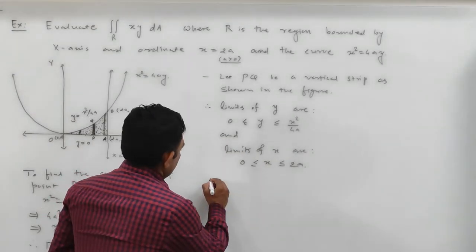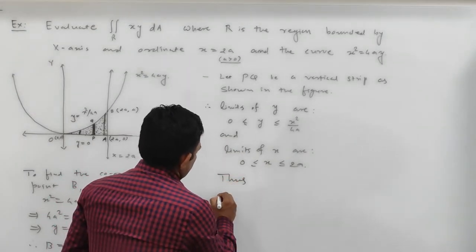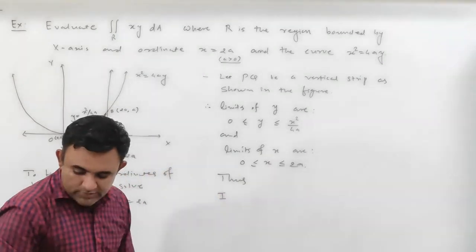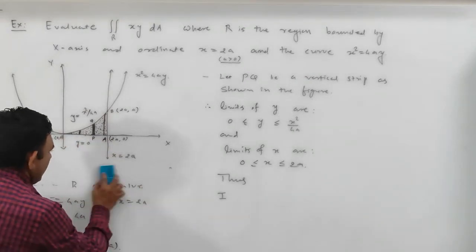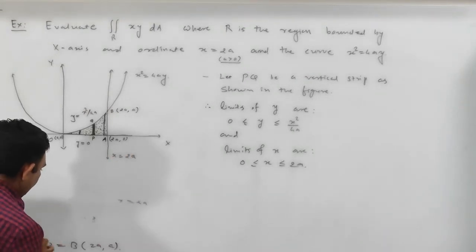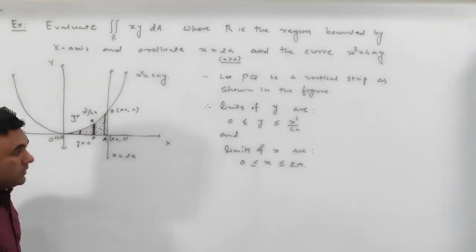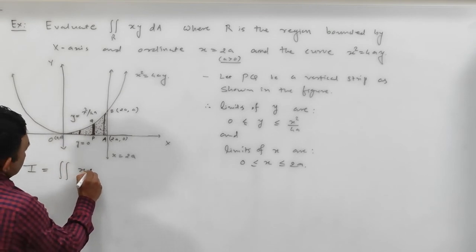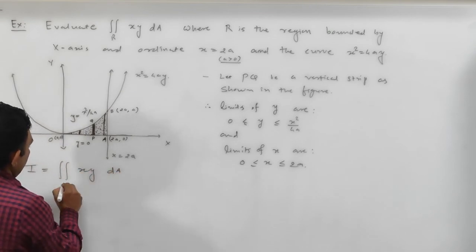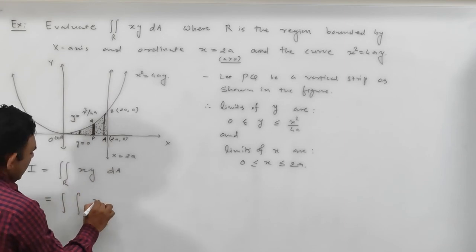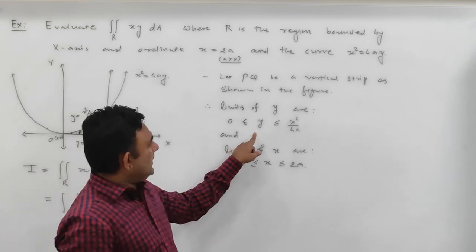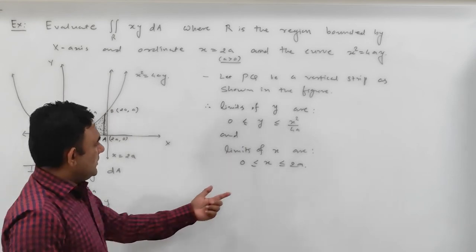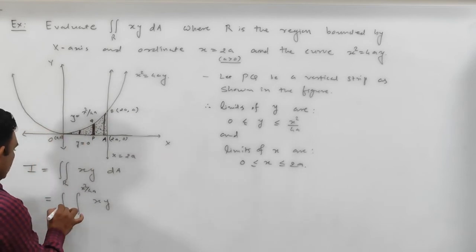Thus our double integration I will be the double integration of xy dA over R. Limits of y are 0 to x square by 4a, and limits of x are 0 to 2a.